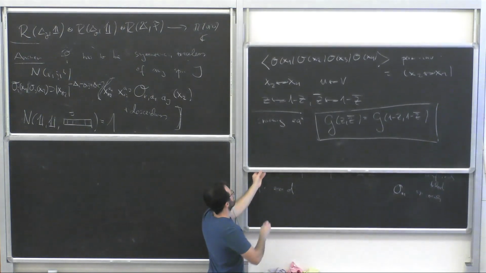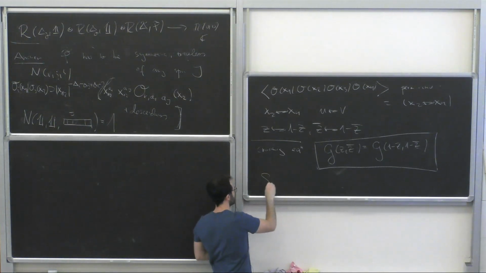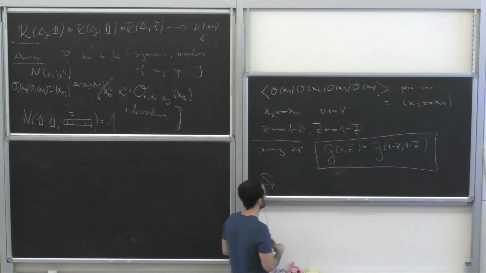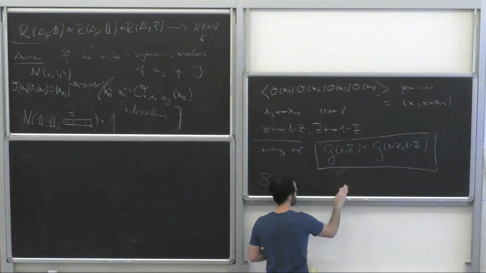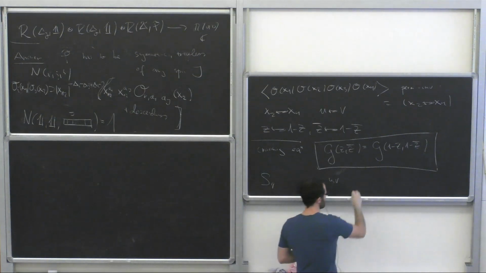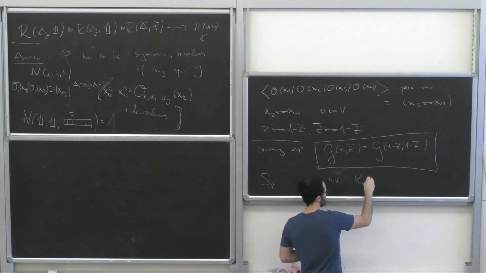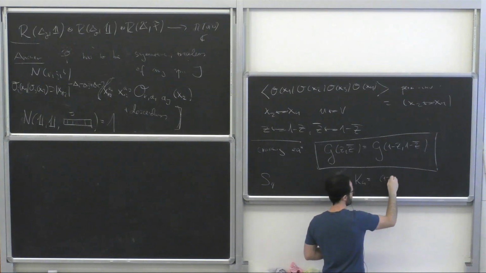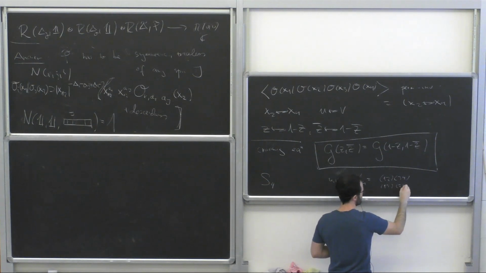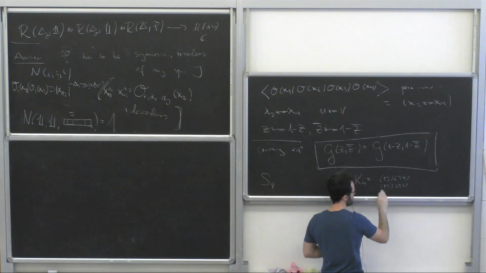So there is the group S4, the symmetric group on 4 letters acting on the 4 points, and the cross ratios u and v are fixed under a subgroup of order 4. It's called the Klein 4 group, which just consists of the pairs of transpositions. So it's generated by this.